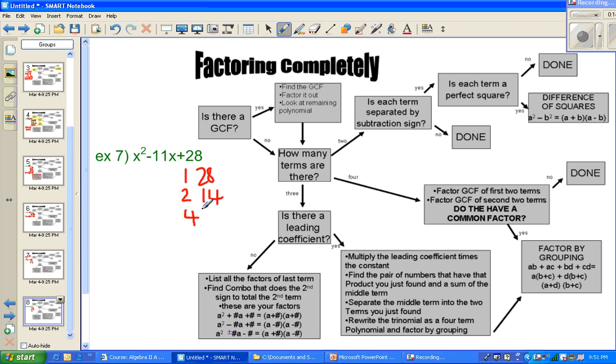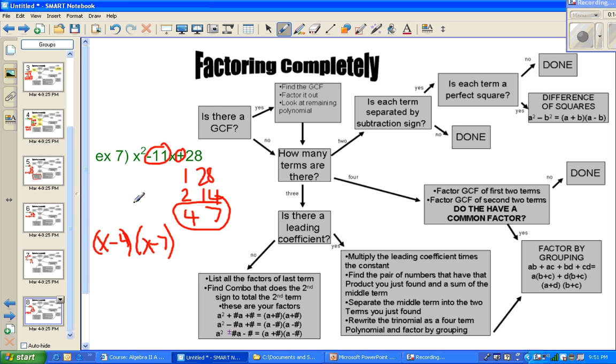We have 4 and 7. So which combination here is going to add up to give us negative 11? 4 and 7, so you get x minus 4, x minus 7.